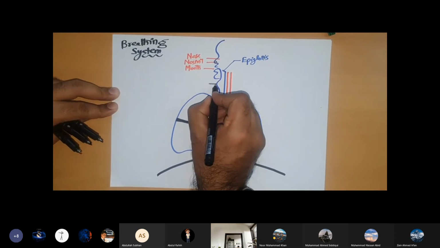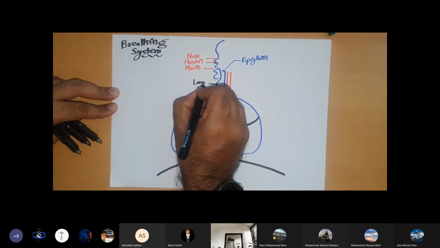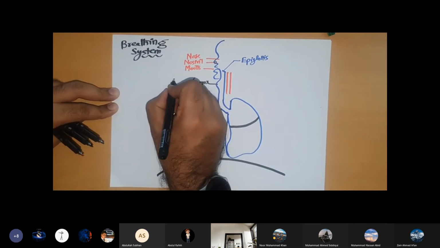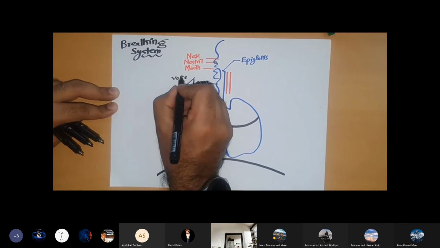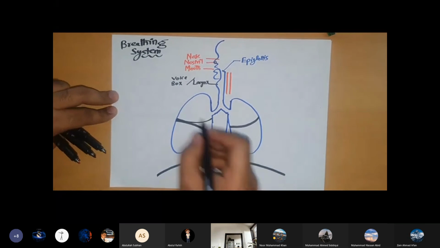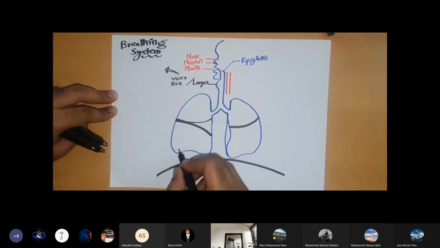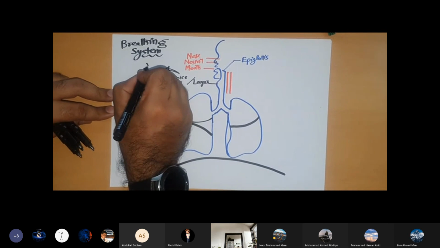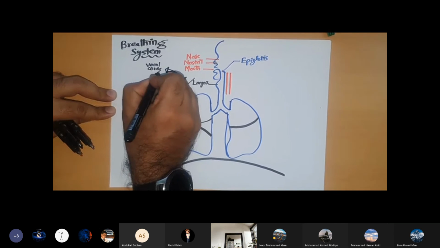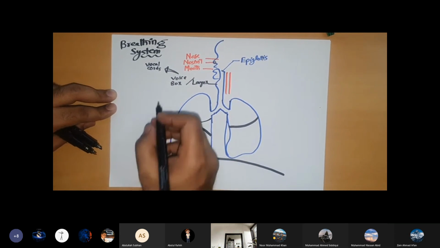Then this structure over here is called the larynx. It is also called the voice box. The question is, why is it called the voice box? The answer is very simple, because over here we have special membranes called vocal cords, which help us in talking or producing sound.